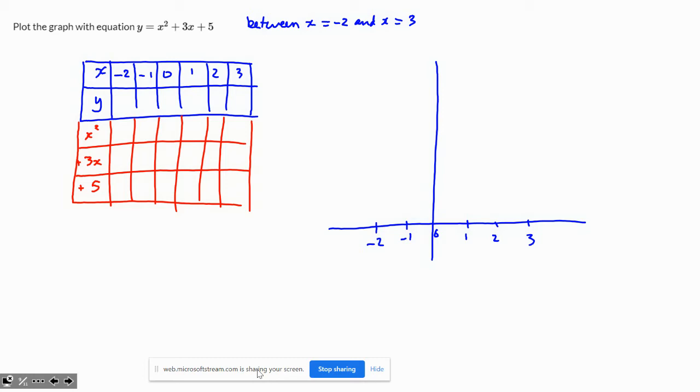So when x is -2, x squared is going to be -2 times -2, which is a positive 4. So I'm going to write that in here. 3x is going to equal 3 lots of -2, which is -6. So I'll write that in here. And 5, well, that doesn't depend on x, that just equals 5. So I'm going to leave that as 5.